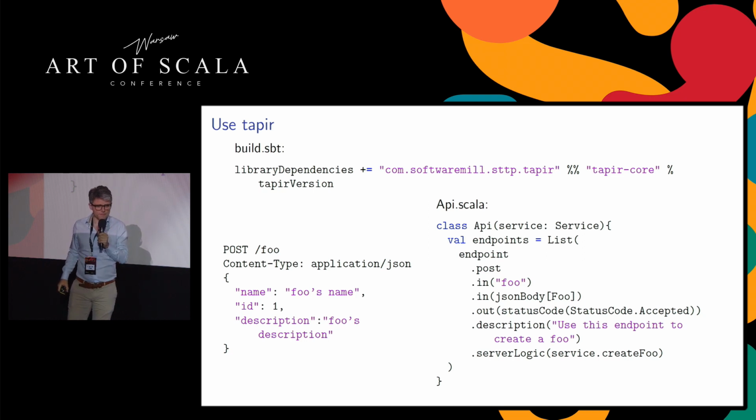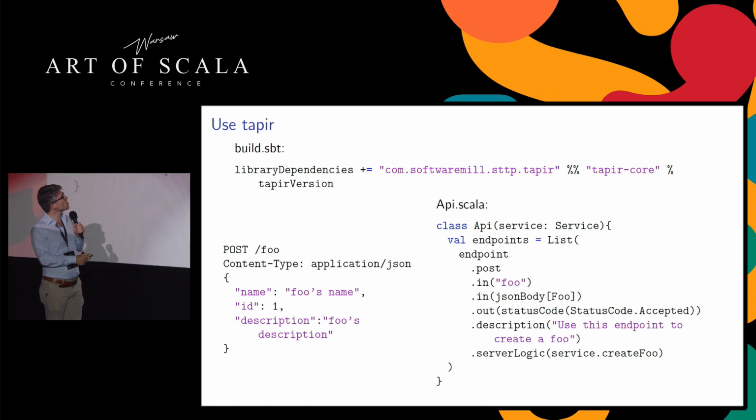So we can see here clearly that we have the post, we have the part of the URI that we have as input. We have the JSON body. I called the class name foo. We have a status code as endpoint, and also we have the human readable description.